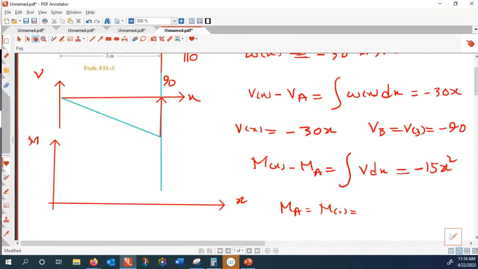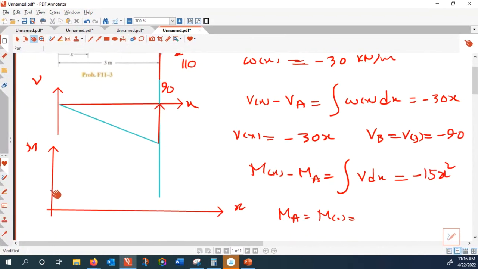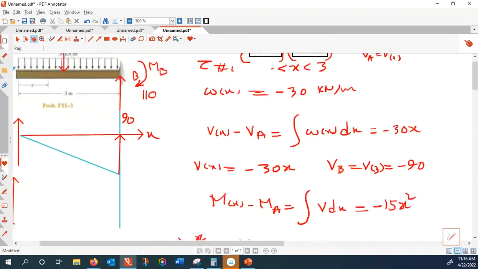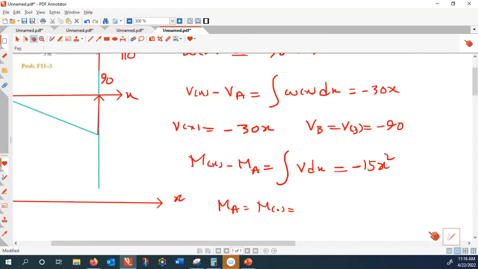So if this is positive, then we are starting from 25, and then that equation, this is M of x is minus 15x squared plus 25.